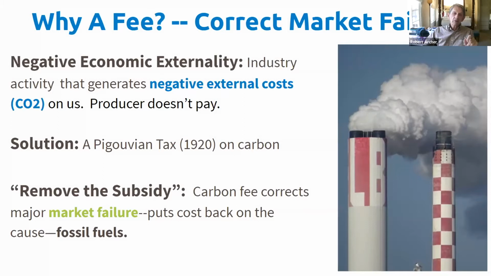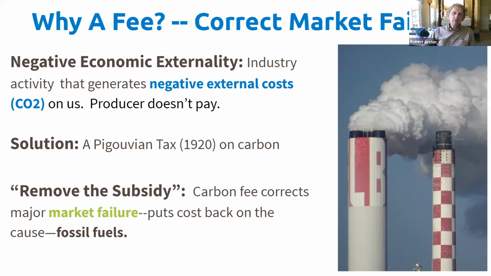The main reason, the fundamental economic justification for a carbon fee, is that our climate problem is essentially due to a major market failure in negative external costs falling on us. When a factory dumps its pollution, such as carbon dioxide, in the air and water, the costs fall on us, not them.